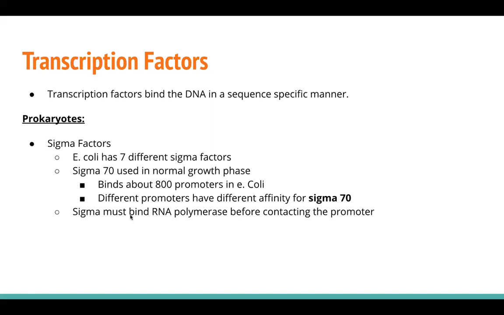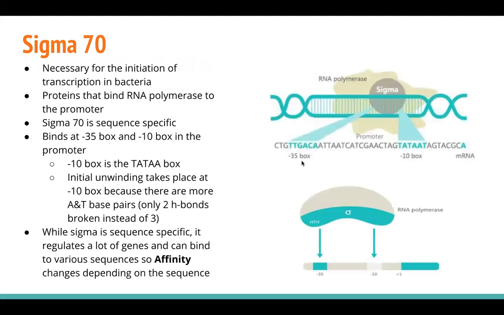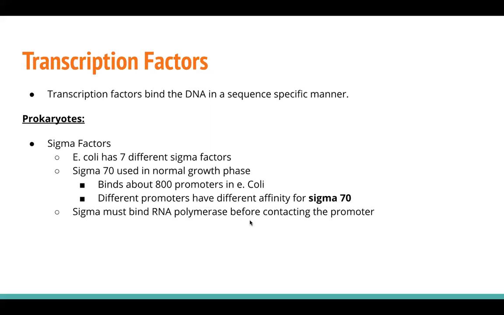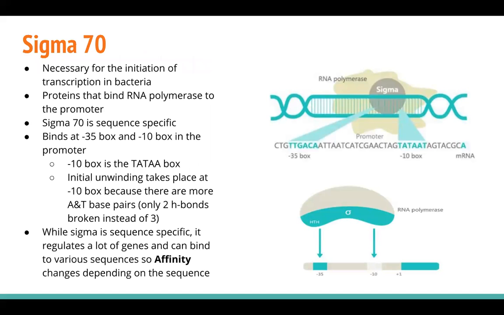Other sigma factors are expressed and used in specialized situations like a stress response. So that's why they're pretty general, because the organism will usually need them for a lot of different responses in the organism, whether it's E. coli, bacteria, cell, whatever. But that's basically sigma.